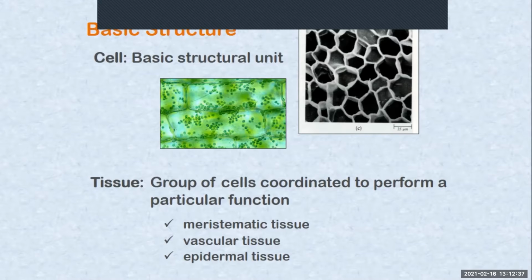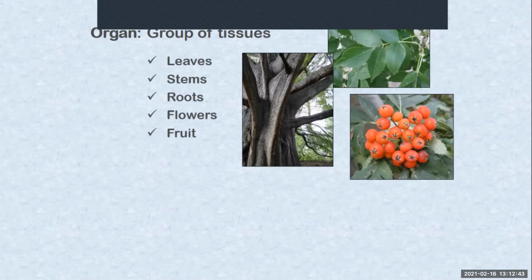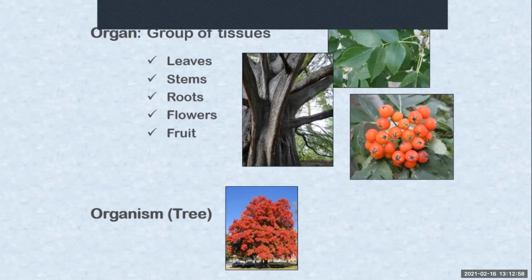All right, and then if you have a group of tissues, it's called an organ. These are familiar to all of us. The leaves are organs, stems are organs, roots are organs, flowers, fruit, these are all organs within the tree. And then if you have a group of organs together, it makes up the organism or the tree. So that's your basic structure.